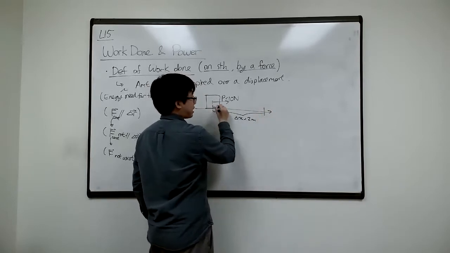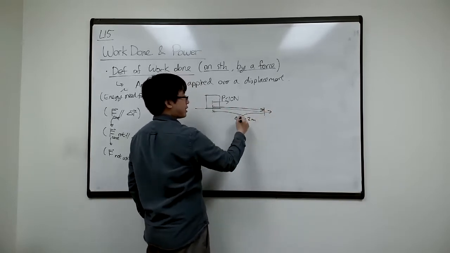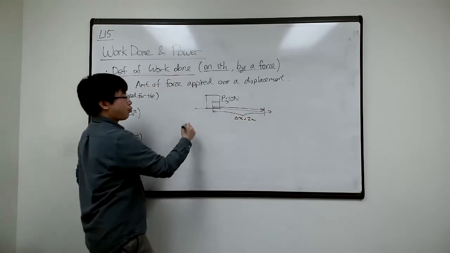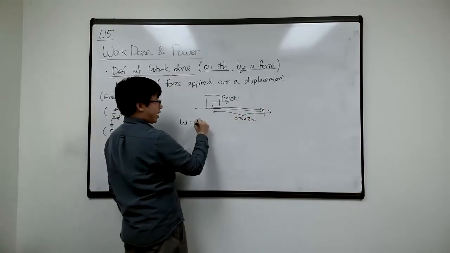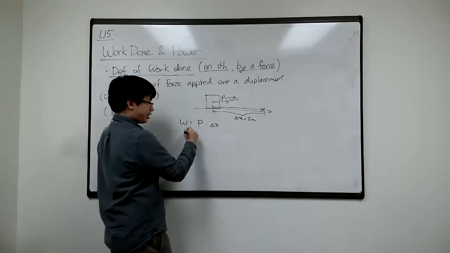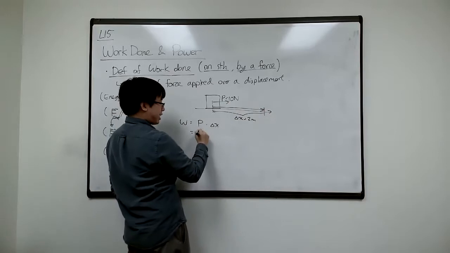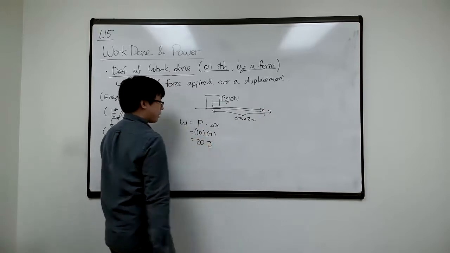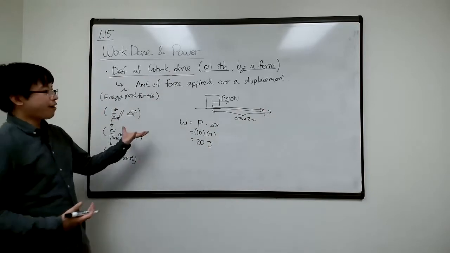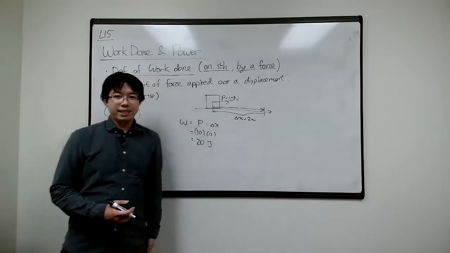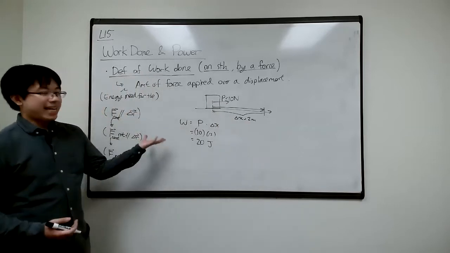So the work done is just the pushing force times delta x. That's 10 times 2, 20 joules, because it's really a form of energy. It's how much energy you need to apply this force over 2 meters. And that's the end of it.